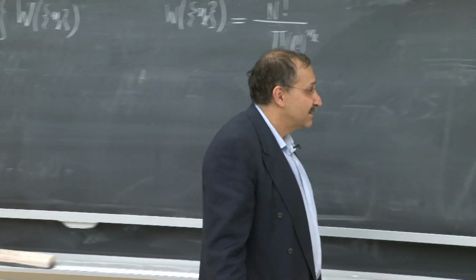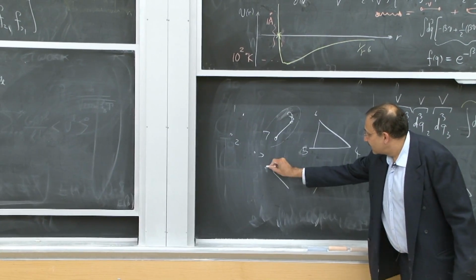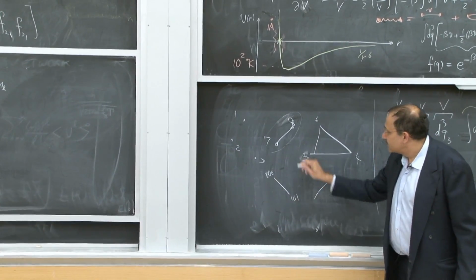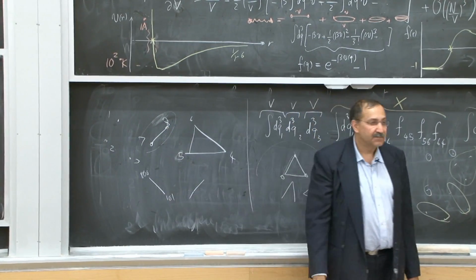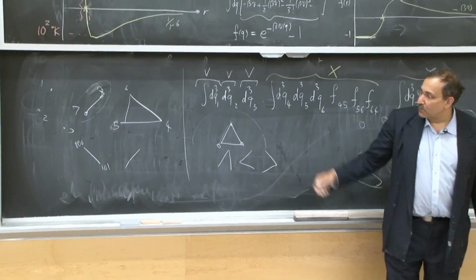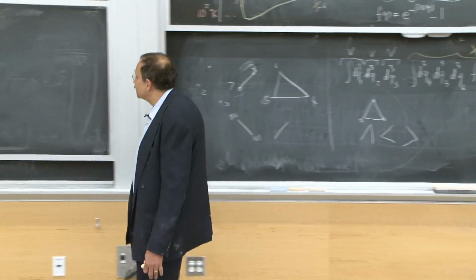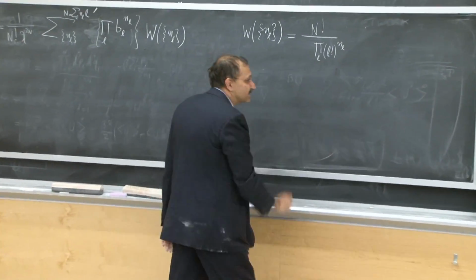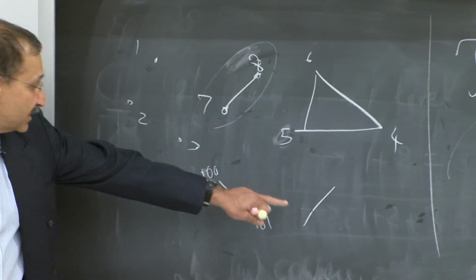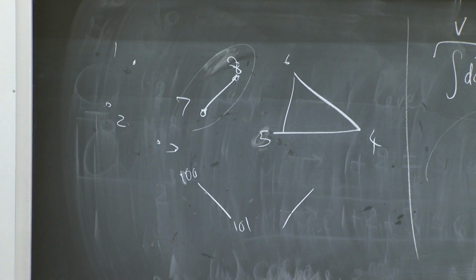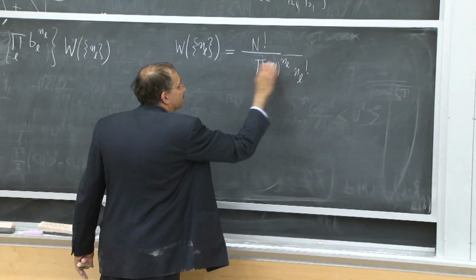There is another thing: this pair is 100, 101, and this pair is 7, 8. Exchanging that pair of numbers with that pair of numbers is also part of the symmetries that I have now overcounted. So that has to be taken into account, because the number of these 2 clusters here is actually 3. I have to divide by 3 factorial. In general, I have to divide by N_L factorial.